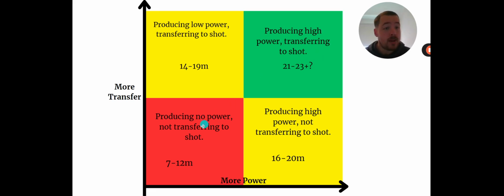As opposed to maybe when you were a beginner and just starting out, you couldn't produce any power and you couldn't get any of it into the shot. Okay? Then there's this intermediate section where either you can't produce power or you can, but you can't transfer it and you're going to throw okay. Yep. But you need a combination of both if you're going to end up in this top right and be an elite thrower.